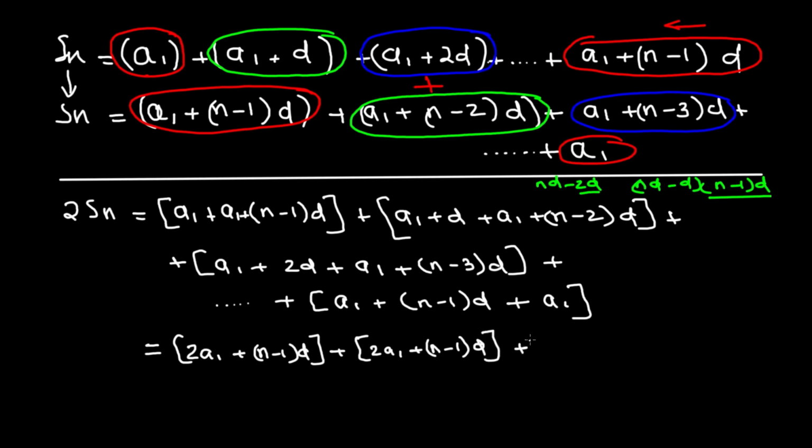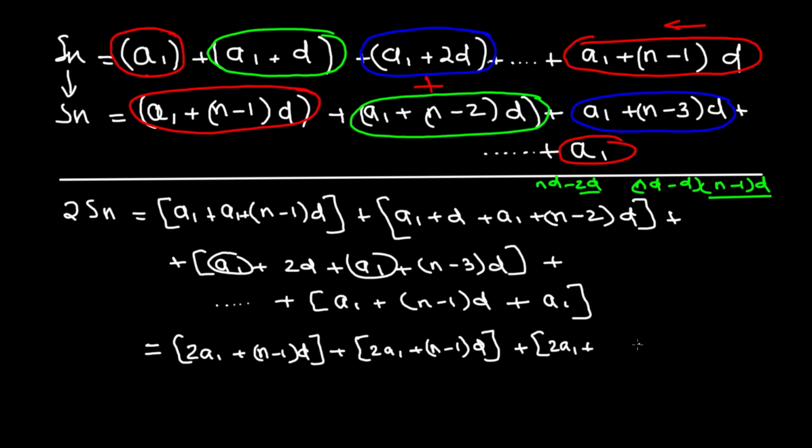Then we go to the next one. The next one will be this one here, so we have this and that. It will give us 2a1, this and this, 2a1. Then remember this is 2d. I'm going to expand this again. It will give me nd minus 3d plus 2d. That will give me nd minus d. Again, I factorize.